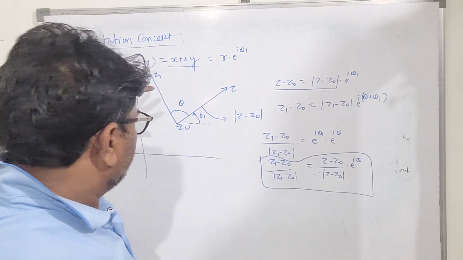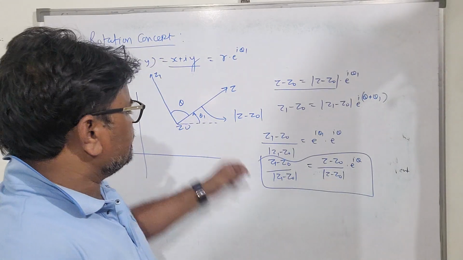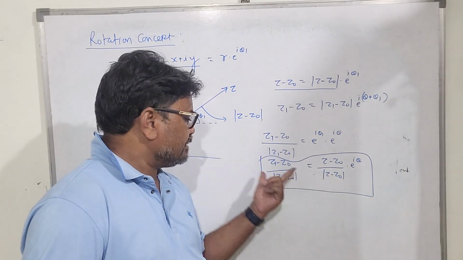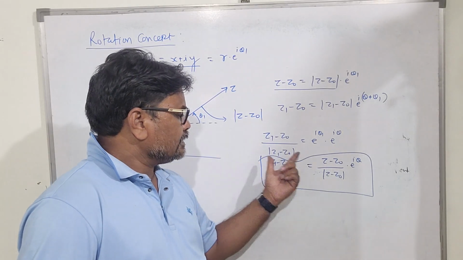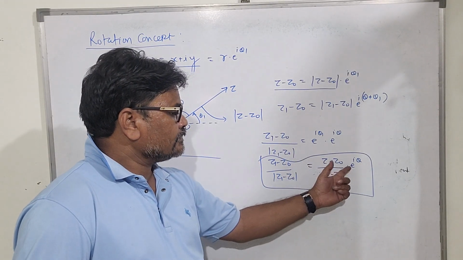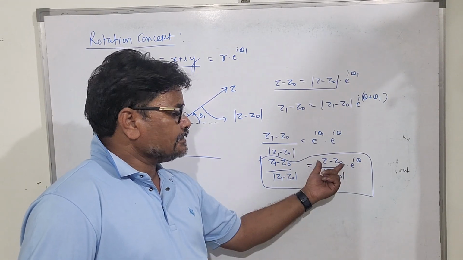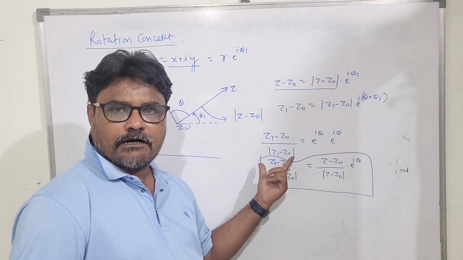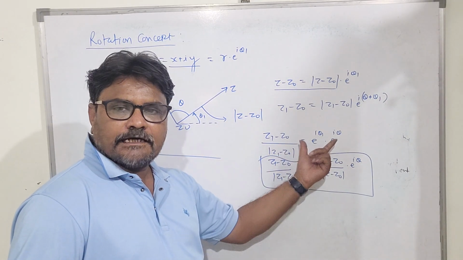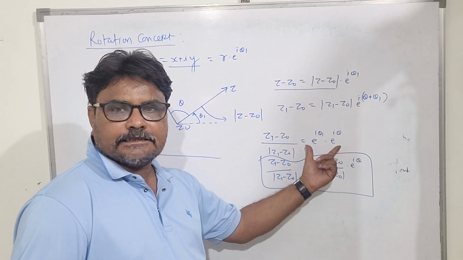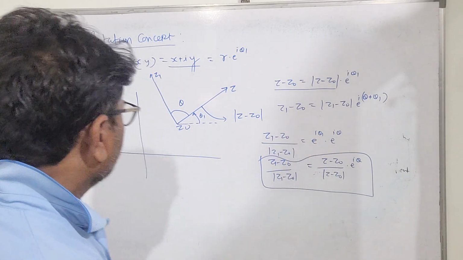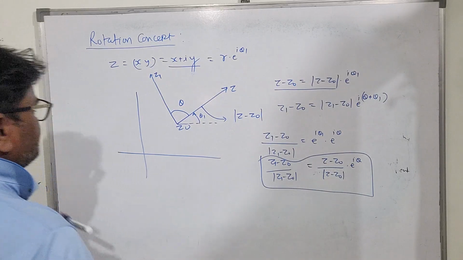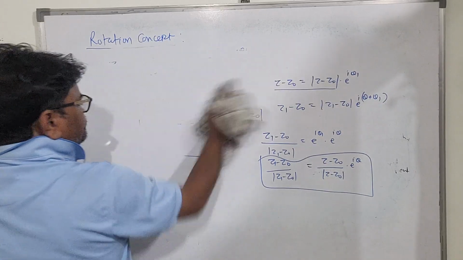If the lengths of both the vectors are the same, then this will get cancelled with this, and we will remain with (z1 minus z0) equal to (z minus z0) times e to the power iota theta. This is the original arrow and this represents the final arrow after rotating this arrow anti-clockwise by theta degree. Correct?